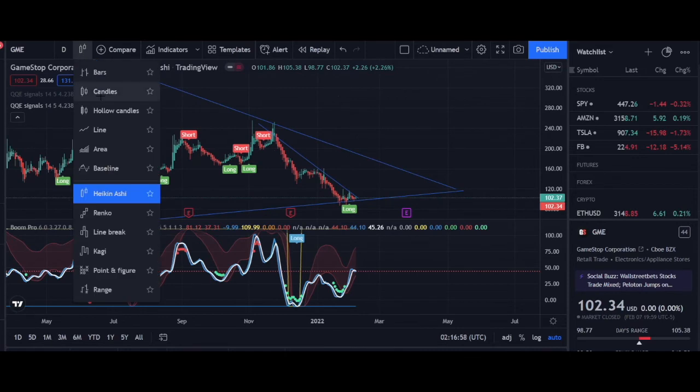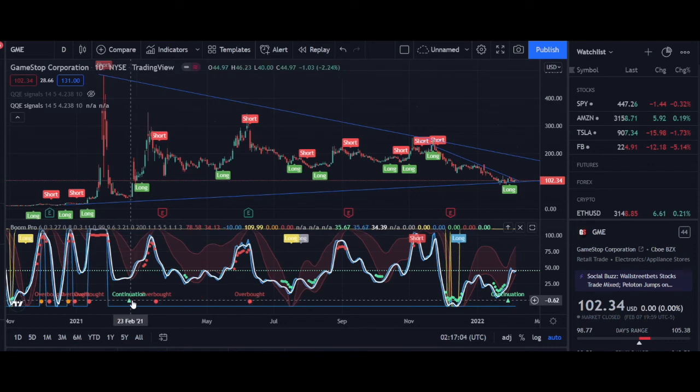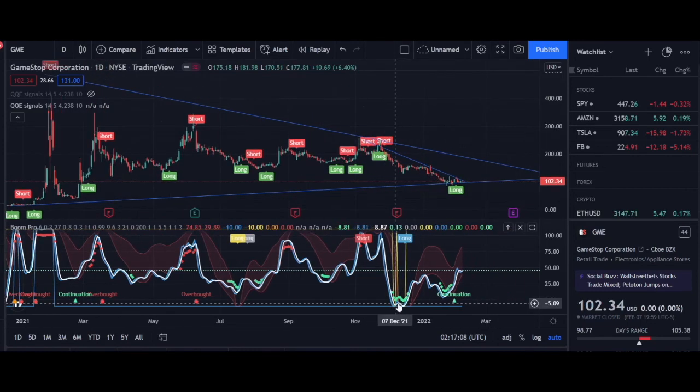So I'm just going to change this back to candles. Before this humongous run in February, I got continuation a couple of days before this big run, and before this run right here, got the green circles indicating buying pressure.